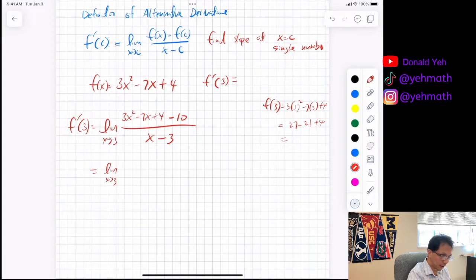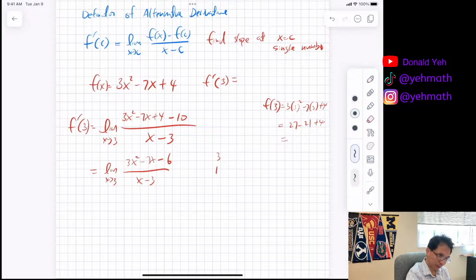As x approaches 3, that's going to be 3x squared minus 7x minus 6, I believe. And this ends up being factorable, I believe. 3, 1, 2, 3. Does that work? No. 3, 2.